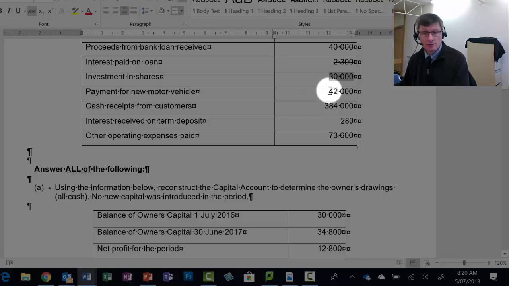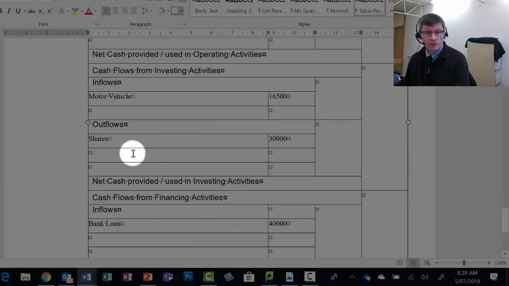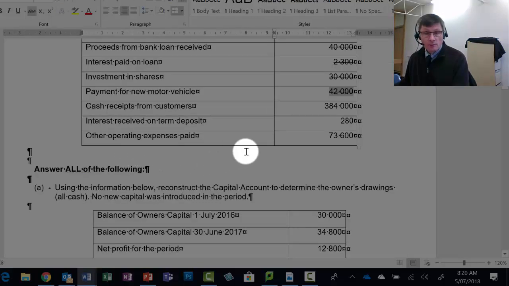So there's another outflow, but this time it's relating to a non-current asset. Therefore, it goes to the investment section. So that's $42,000 we're going to put into the outflows of this part. 42. So we're almost getting there.